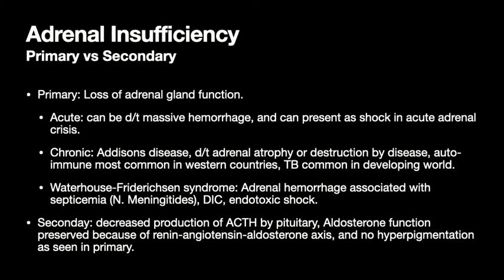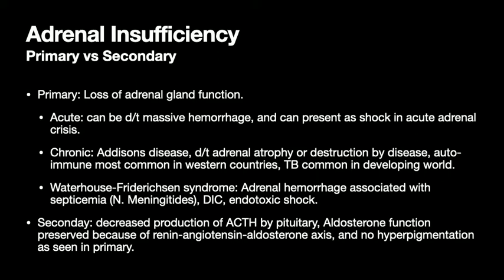In this case, you'll have preserved aldosterone function because of the renin-angiotensin system. The renin controls the aldosterone secretion from the adrenal glands, and you'll have no hyperpigmentation as seen with the primary. The reason you see hyperpigmentation with the primary is because you have increased secretion of ACTH.